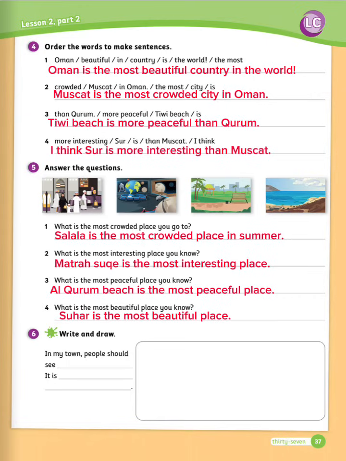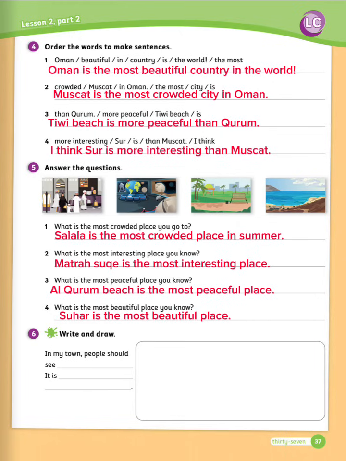Matrah Souq is the most interesting place. Number 3. What is the most peaceful place you know? Al-Qarm Beach is the most peaceful place. Number 4. What is the most beautiful place you know? Sohar is the most beautiful place.